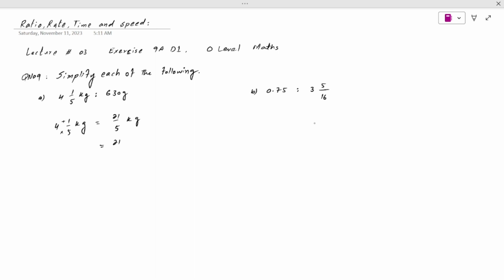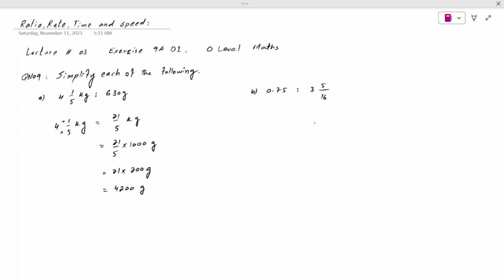So 21 over 5 times 1000 grams, because 1 kilogram is equal to 1000 grams. So we multiply this by 1000. Simplifying, we get 21 times 200, because 5 200s are 1000. Multiplying 200 by 21, we get 4200 grams.